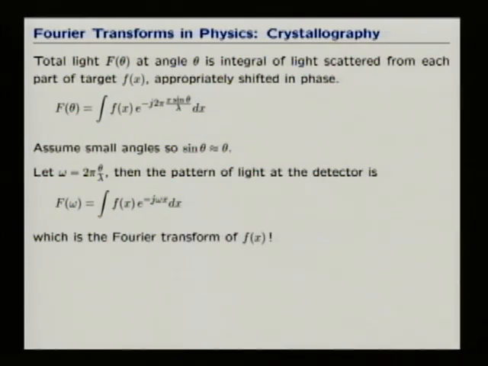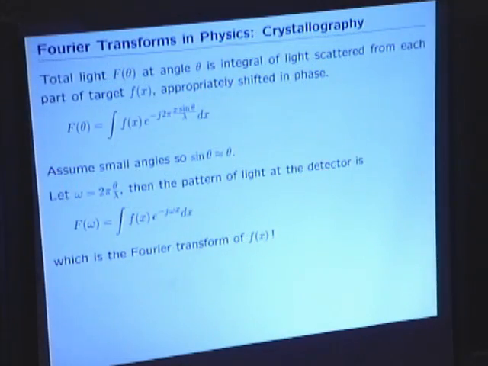Now, the tricky part is that all of the light that hits a particular point in the far field, a point in the far field is characterized by theta. So if you go to the far field at a place theta, the total amount of light that hits the point theta is the sum, the integral, of all the different scatterers.